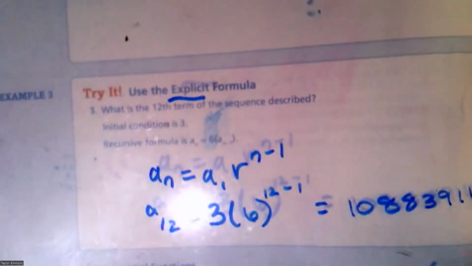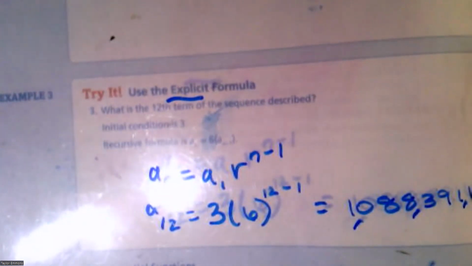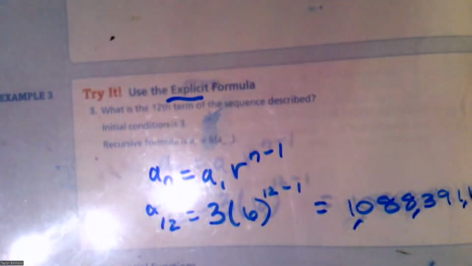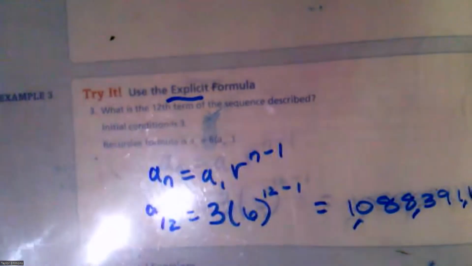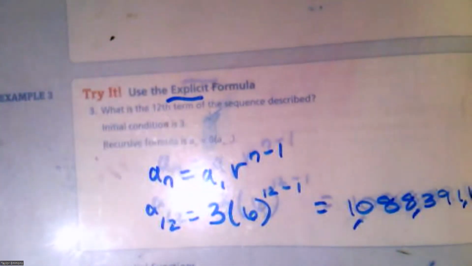That's what I got. Is that what you got? I got a really large number. That's a billion. 88,391,168. Okay. That's what I got. So what you got?